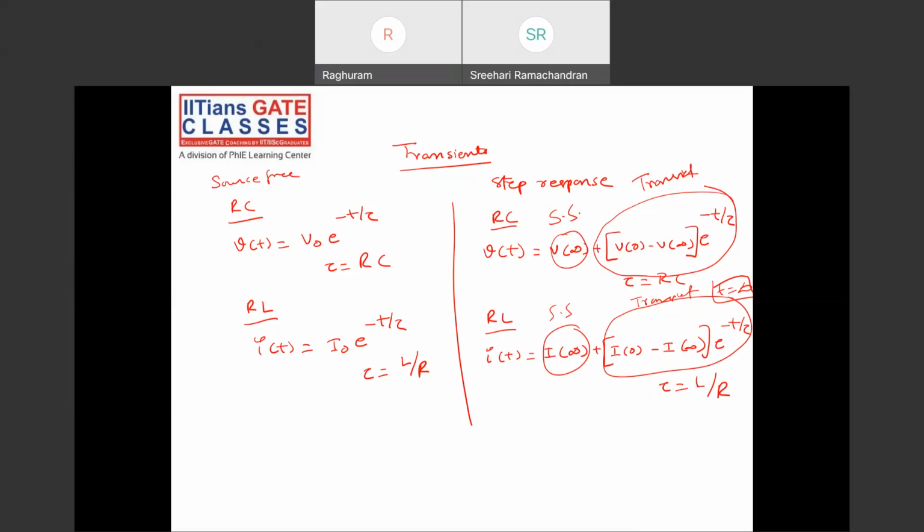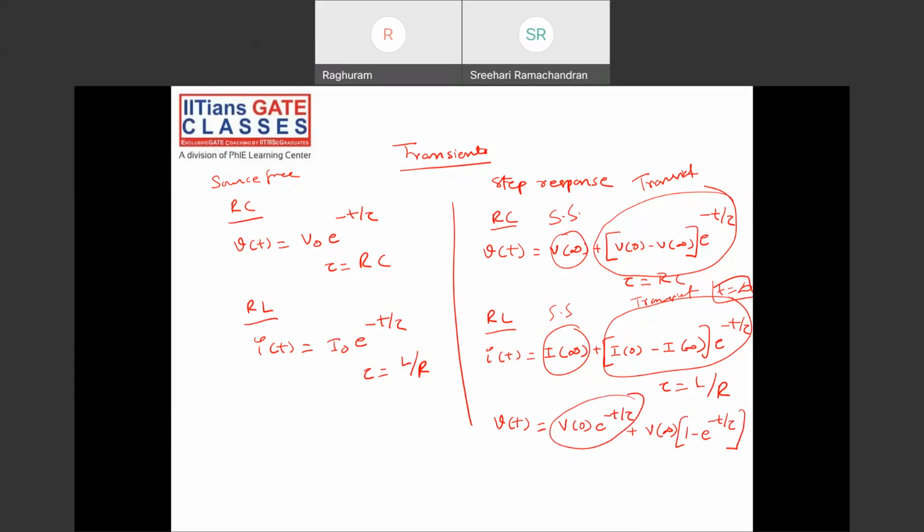And what else do you have? Transient response, steady state response. What is forced response and natural response? So V of t can also be written as V of 0 e power minus t by tau plus V of infinity into 1 minus e power minus t by tau.